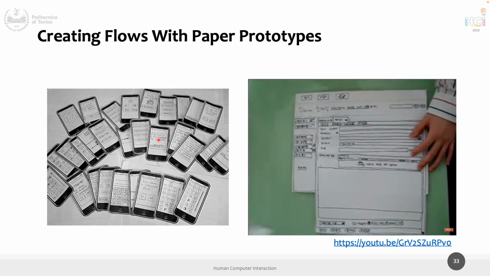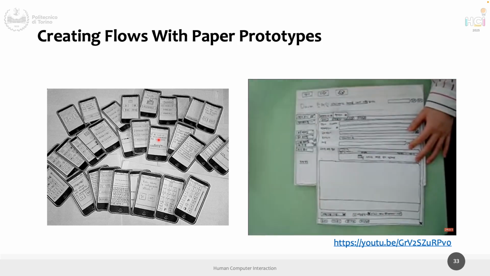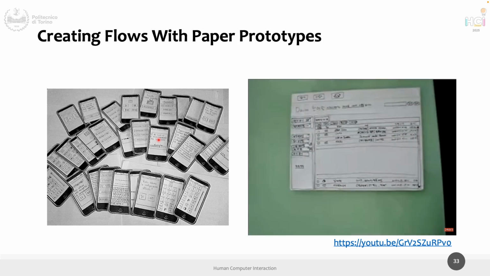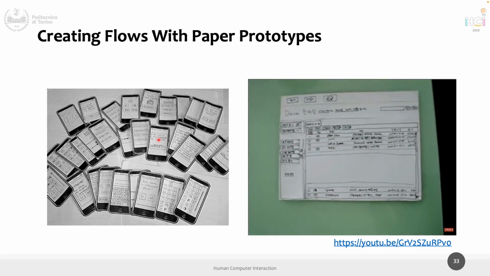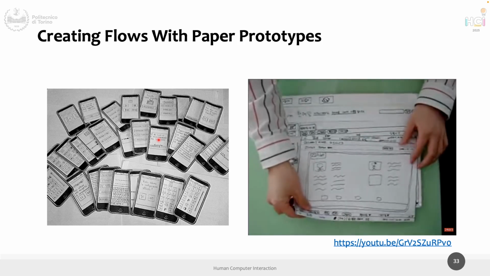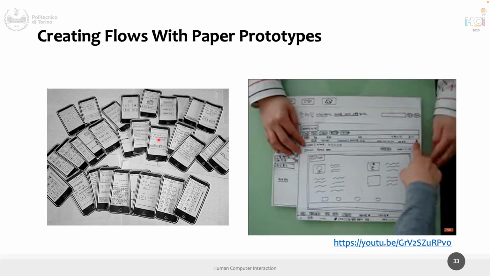Then you press another thing and a drop-down appears, you select something in the drop-down, and something happens in the interface as well. And then you send the email, and the email goes away, and you go back to the previous version. Then you click and you receive an email, and you open it. So this is how paper prototypes work.